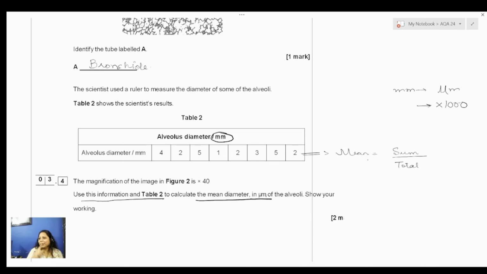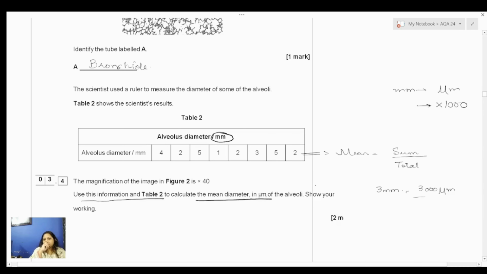Though I know the answer, I want you to just calculate it really fast. 3 millimeter. Now, first of all, we need to convert it into micrometer. Can you convert it into micrometer? Exactly. 3000 micrometer.